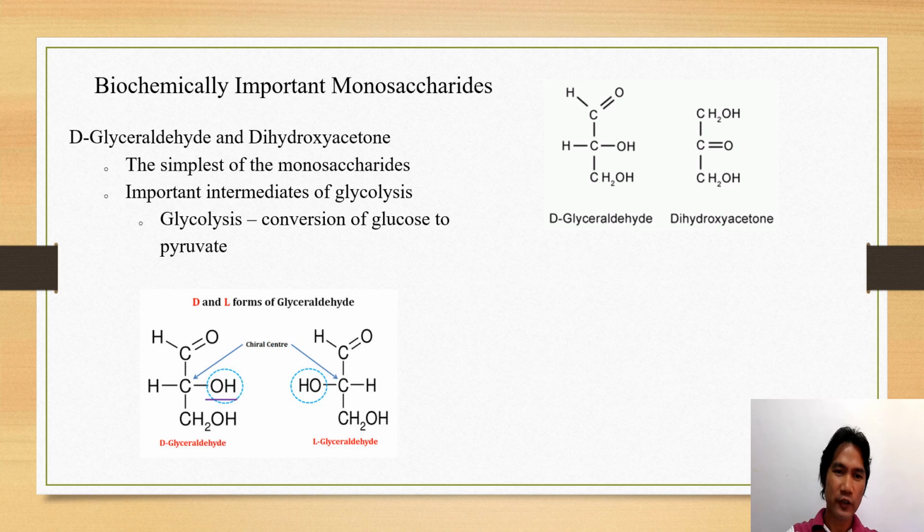If the OH on the second carbon is at the right, then we have a D enantiomer. While if the OH on the chiral carbon points to the left, then we have an L enantiomer.